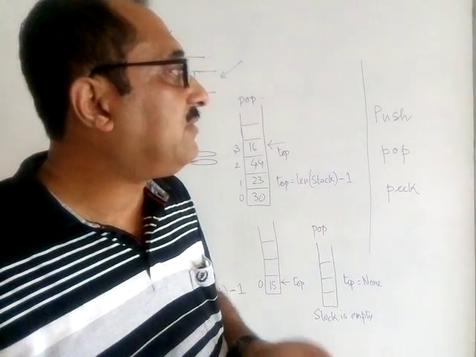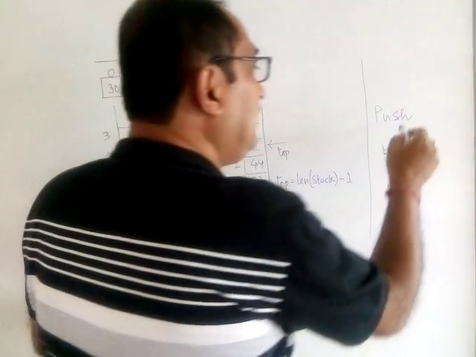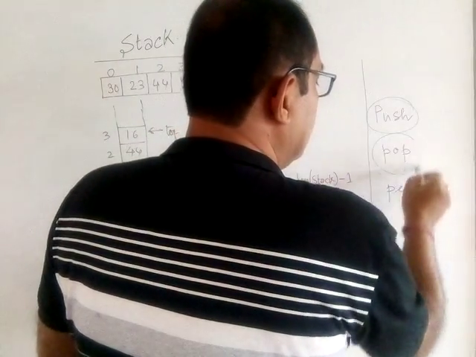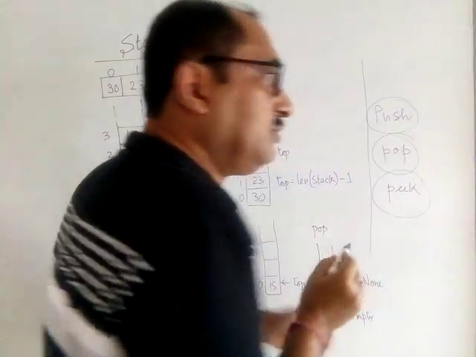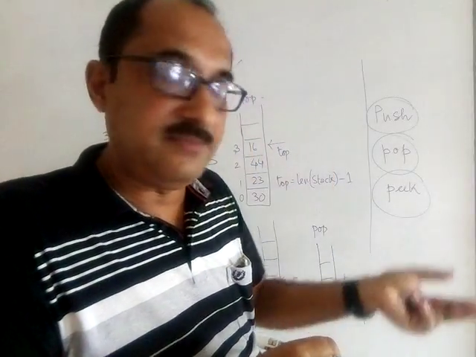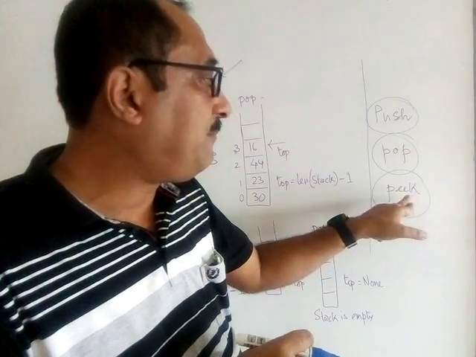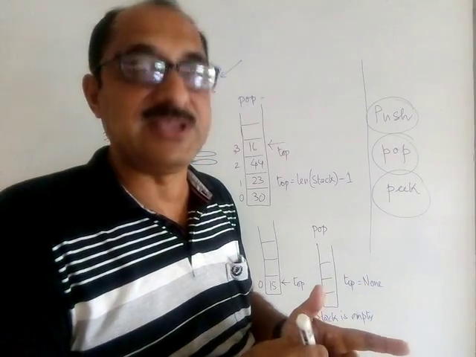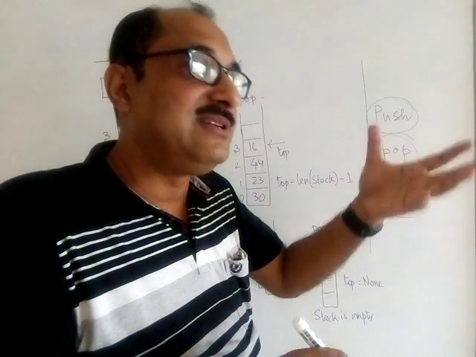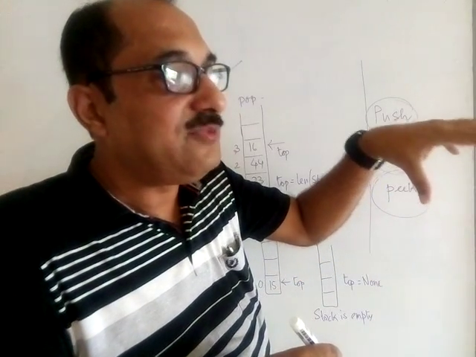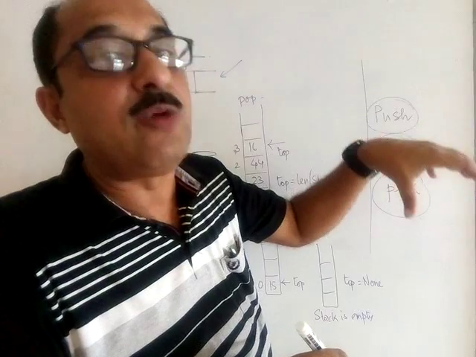In both, normally we do these operations. We push, which means to insert an item, pop means to delete an item, and peek is a kind of inspection. Inspection means you just try to find out which element is there at the top of the stack.